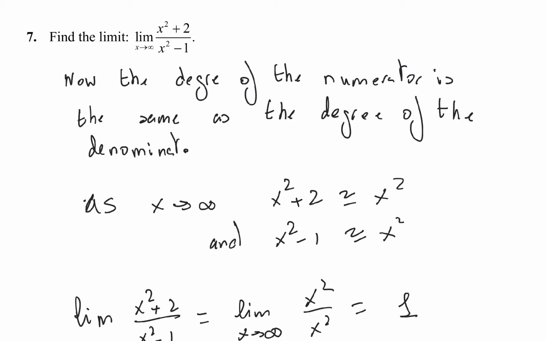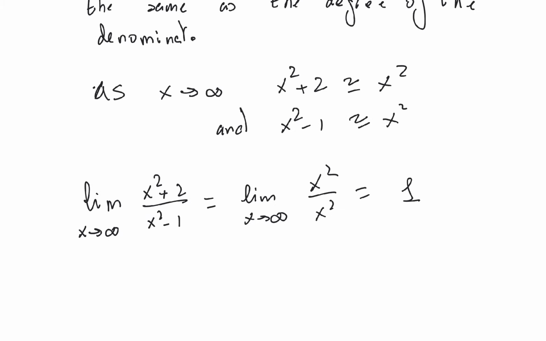So when x goes to infinity, x squared plus 2 will be more or less x squared, because if you have $1 million squared, a lot of money, and they give you $2, it will still be 1 million squared.